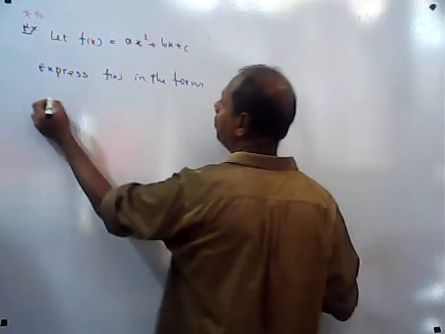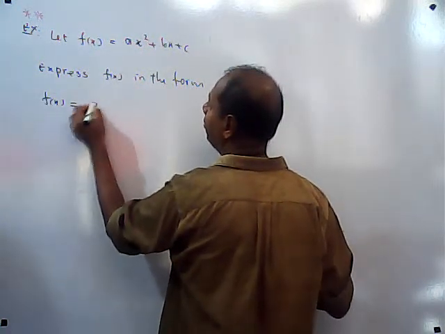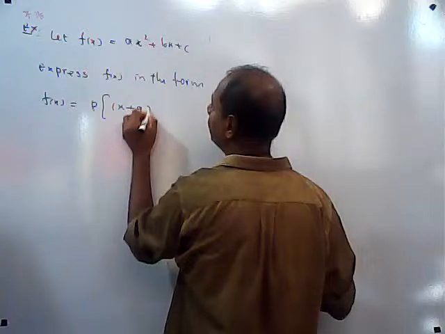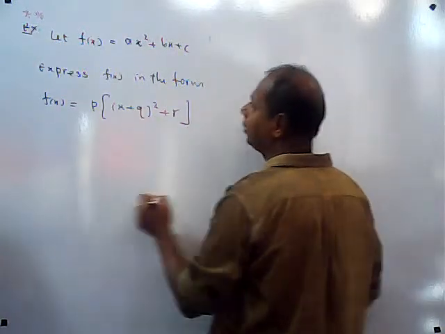Express f(x) in the form f(x) equals p times (x plus q) squared plus r, right?